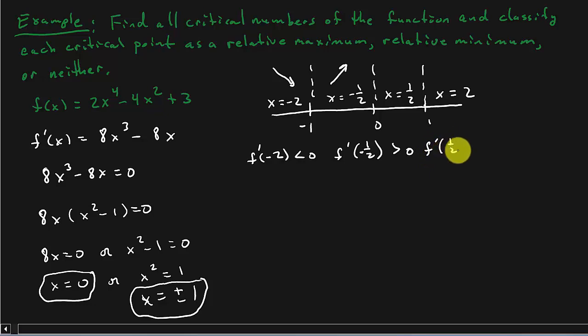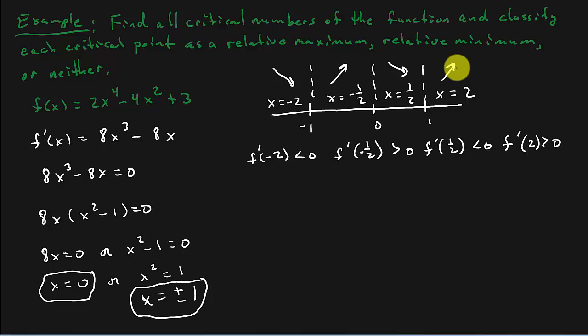And then f prime of 1/2, that would be a positive here, negative here. Positive times a negative is a negative. And so that's decreasing. And then f prime of 2, that's positive. Positive times a positive is positive. So that's increasing. All right, so we determined where it's increasing and decreasing.